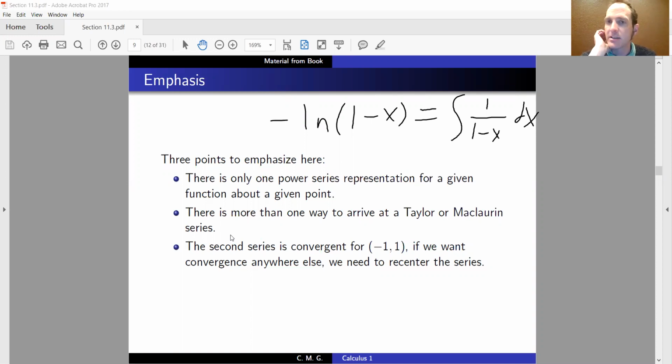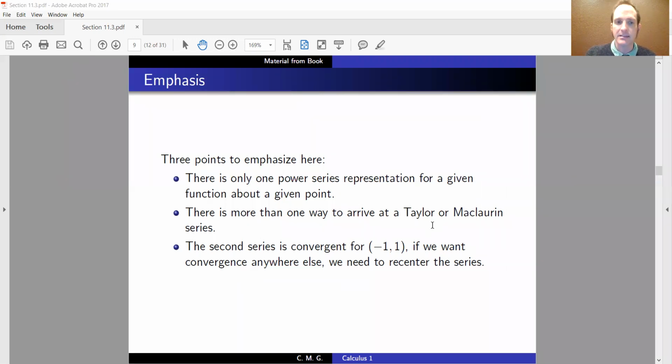That'll be fine. We can get the same thing for both of those. So I can find the Maclaurin series from something other than a Maclaurin series expansion using derivatives. I can do that using integrals. I could possibly do that using derivatives. So taking the derivative of something, maybe I would look at 1 over 1 minus x squared, or negative 1 over 1 minus x squared. I could still get that by differentiating all the terms in that Maclaurin series, and that would work out. Okay. So there's a lot of ways to arrive at these series.